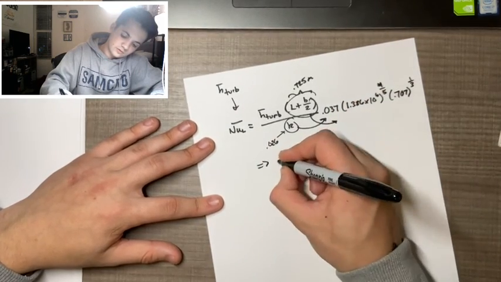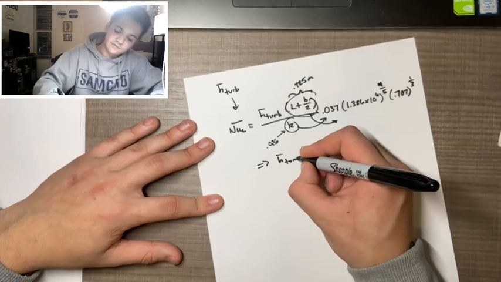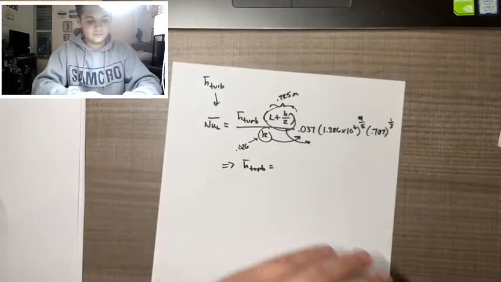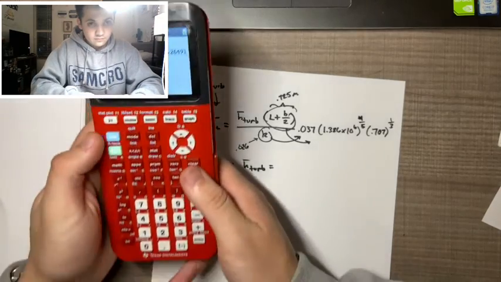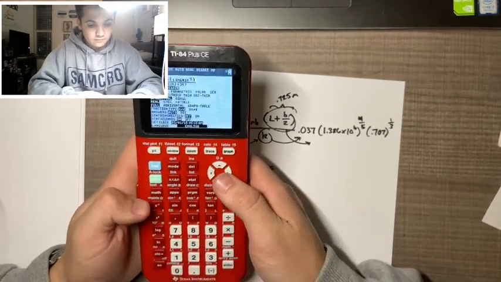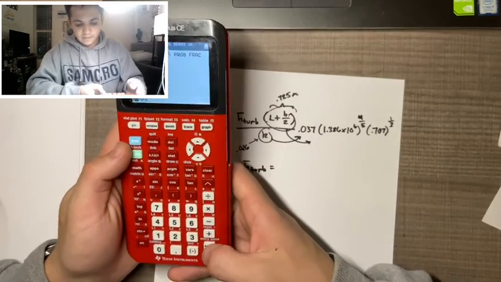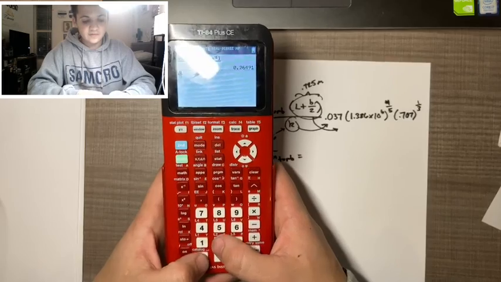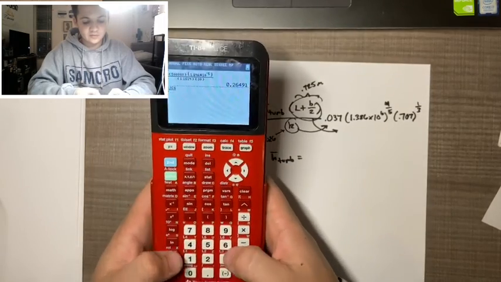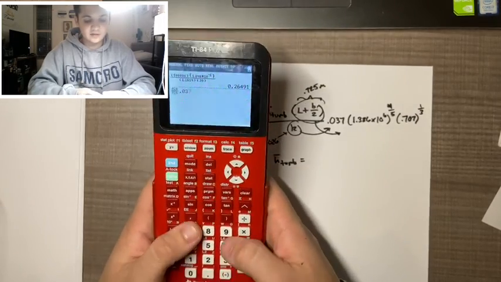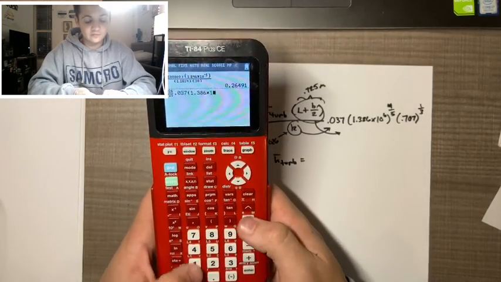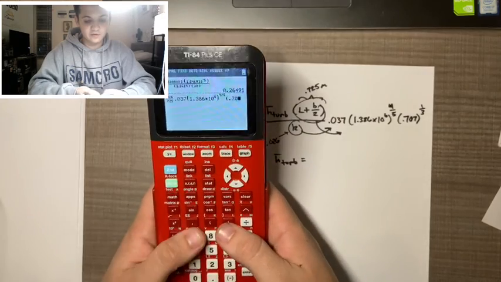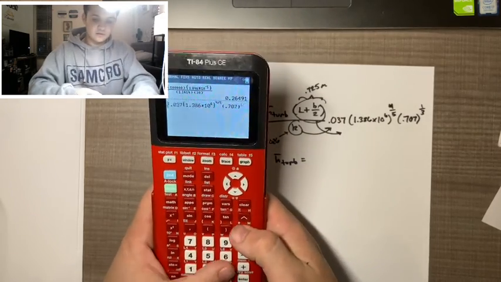And we end up with an h-bar turbulent of, let's calculate this real quick: 0.026 divided by 0.725 times 0.037 times 1.386 times 10 to the 6th to the power of 4/5 times 0.707 to the power of 1 divided by 3.